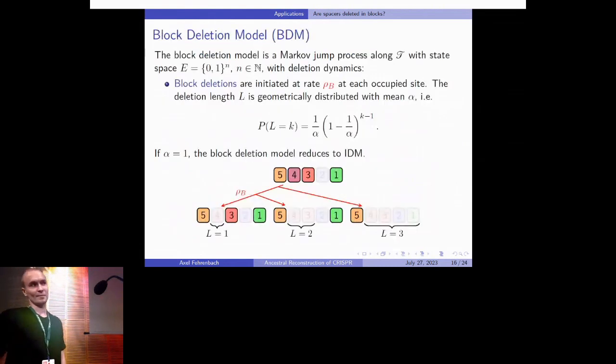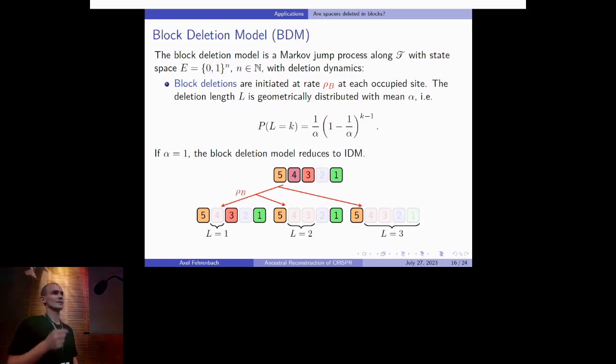So we developed a new model, which is the block deletion model. We're now not thinking about insertions, we're only thinking about deletions. The only difference is that spacer deletions can still happen with some rate at each occupied position in the array, but now the length is geometrically distributed, which essentially means if a deletion happens, you delete one spacer, then you toss a coin.